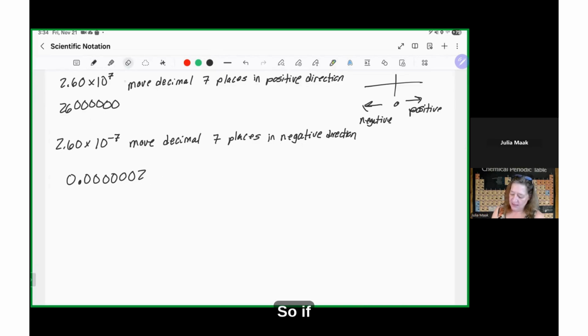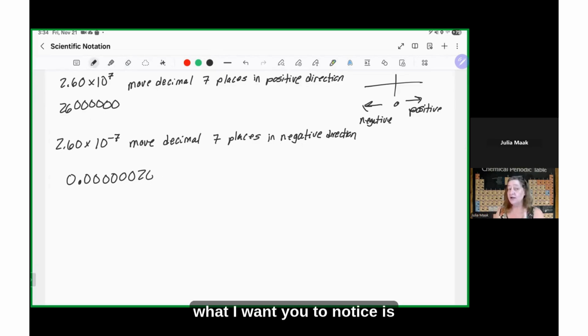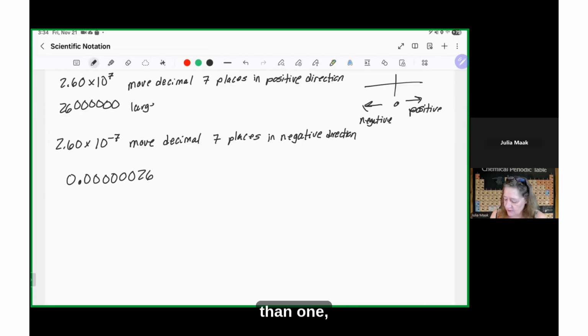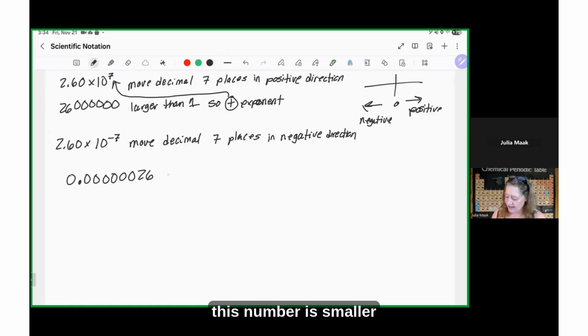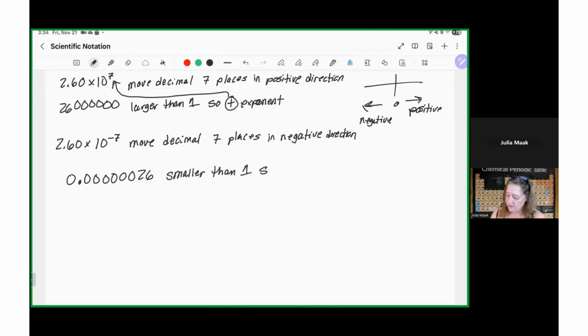What I want you to notice is this number is larger than 1, so it has a positive exponent. This number is smaller than 1, so it has a negative exponent.